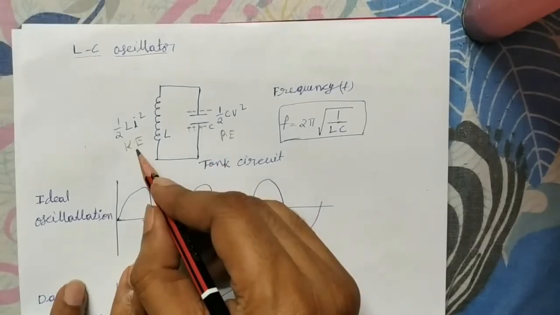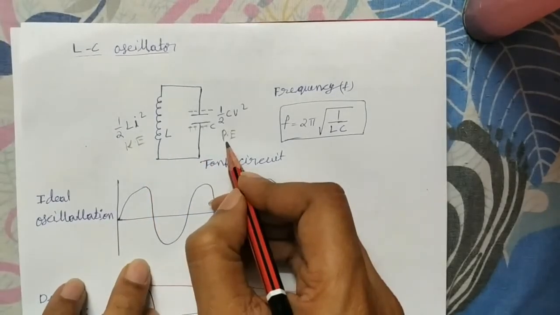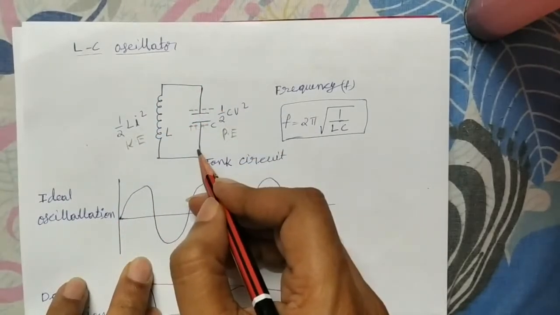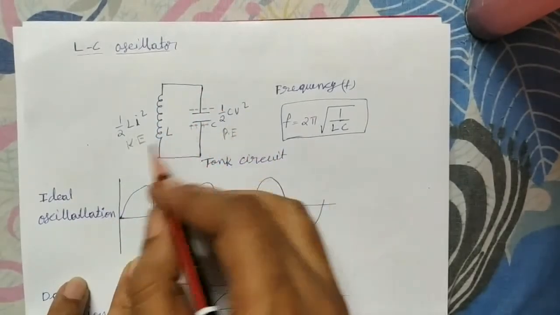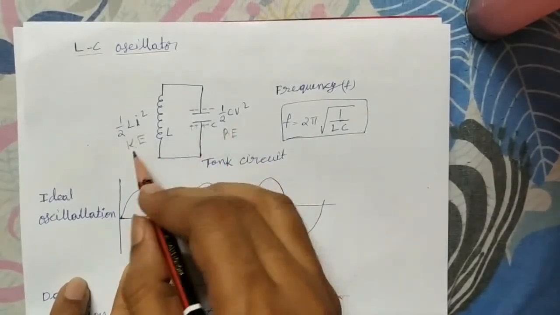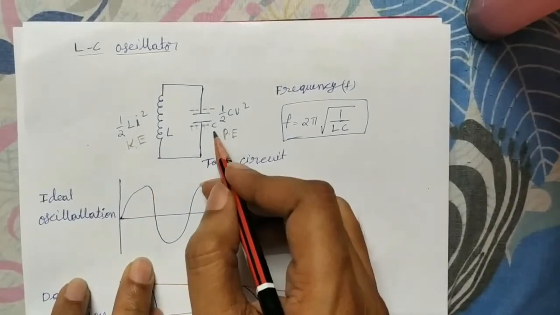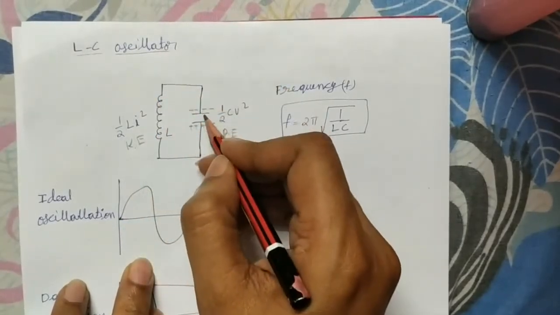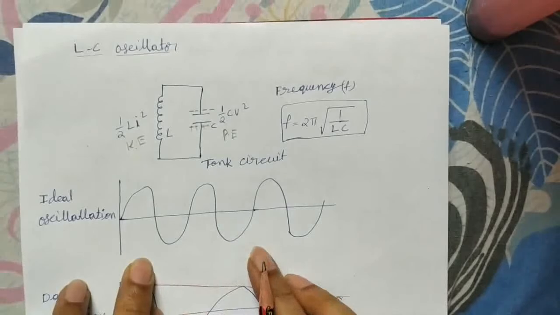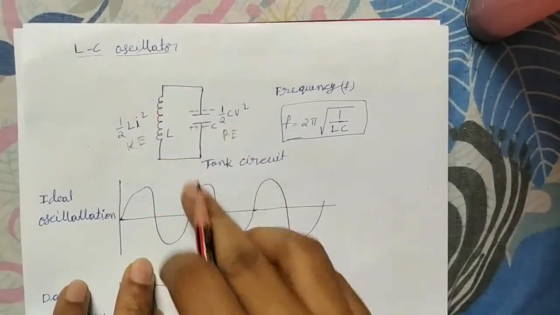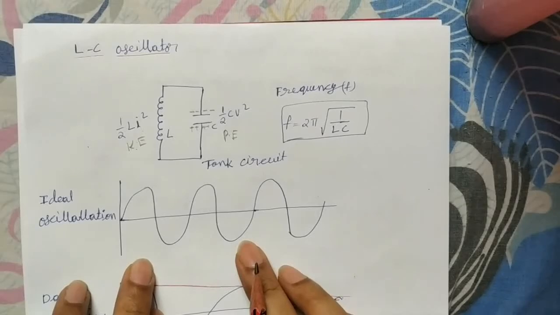That means kinetic energy decreases and potential energy increases. Then the charge again tries to discharge and the same process happens repeatedly. Energy is exchanged from potential to kinetic and kinetic to potential. Because of that, sometimes current flows one way, sometimes the other way. That is what we call alternating current. Flowing to and fro is what we call oscillation.